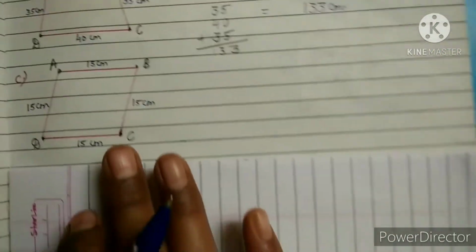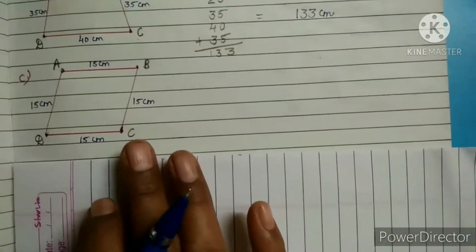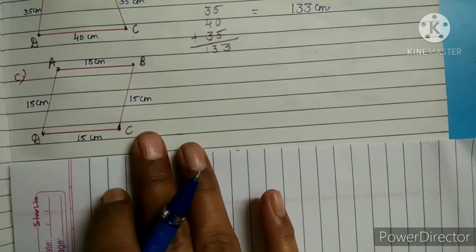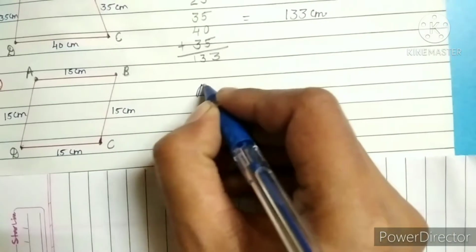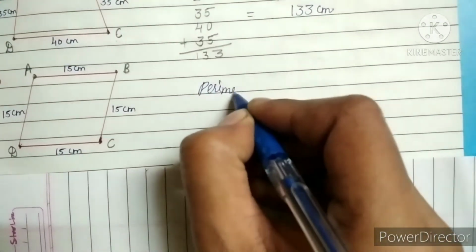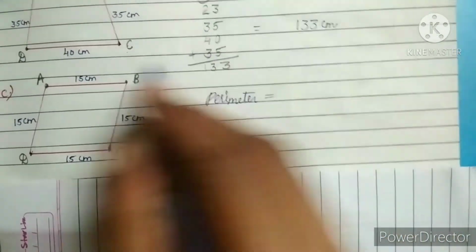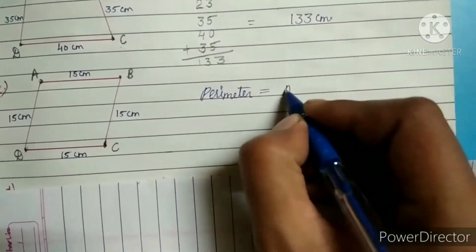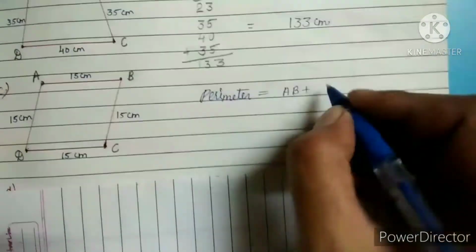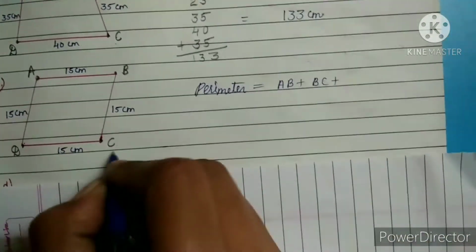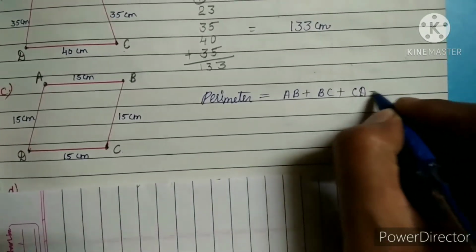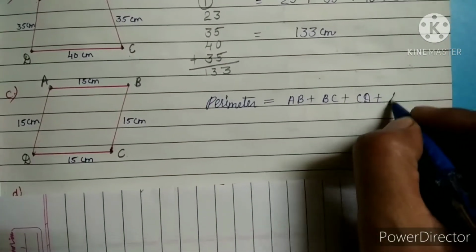If you are not remembering the formula, you can simply apply the sum of all sides. Okay, so perimeter is AB plus BC plus CD plus DA.